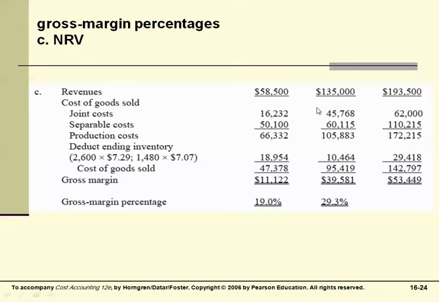For the second product, we calculated revenues, and cost of goods sold is calculated by adding joint cost and separable cost, resulting in total production costs. Deducting ending inventory from total production cost would result in cost of goods sold. Deducting cost of goods sold from total revenues will result in gross margin, and gross margin amount divided by total revenues will result in gross margin percentage for the second final product.